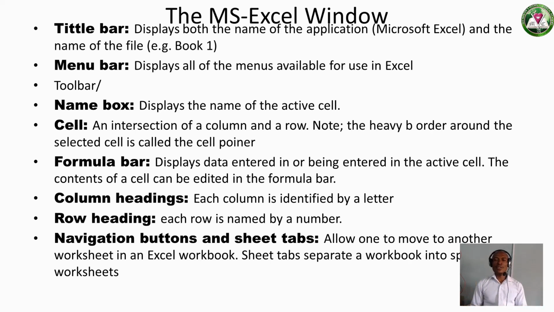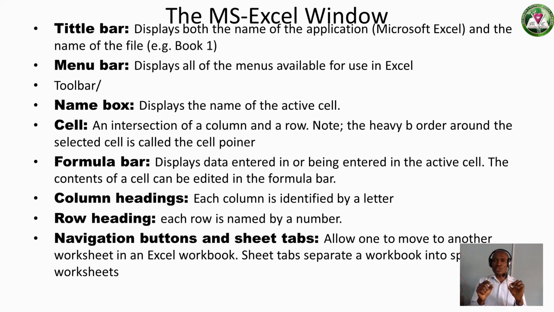These navigation buttons allow one to move to another worksheet in an Excel workbook. Now, let me bring to your notice that when you open the Microsoft Excel window, you have 3 sheets there in a book.